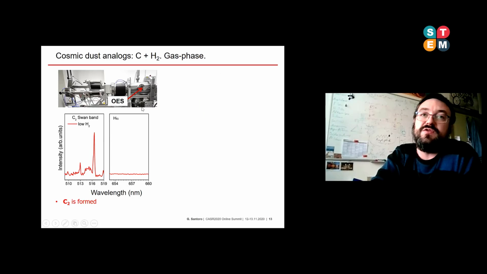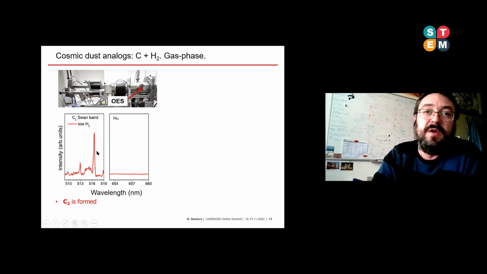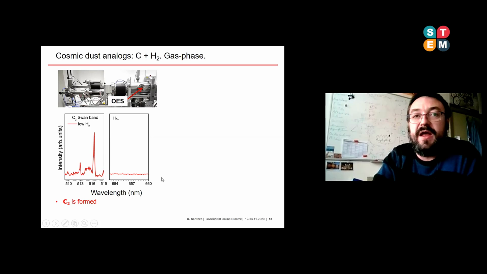Okay, for that we use optical emission spectroscopy, and when the amount of hydrogen that we injected was really low, what we observe is just the presence of diatomic carbon through the optical emission, the so-called Swan band, but nothing on the emission of atomic hydrogen.